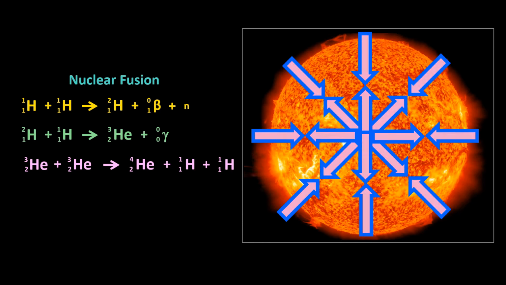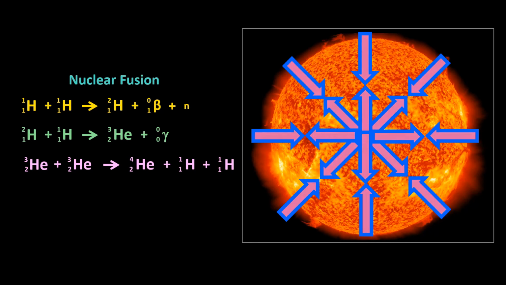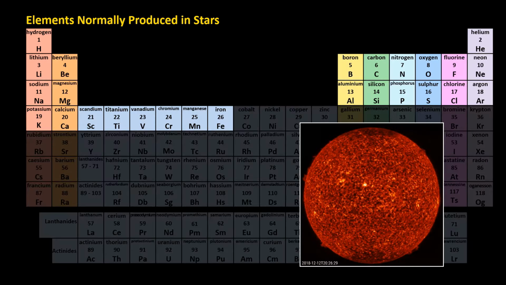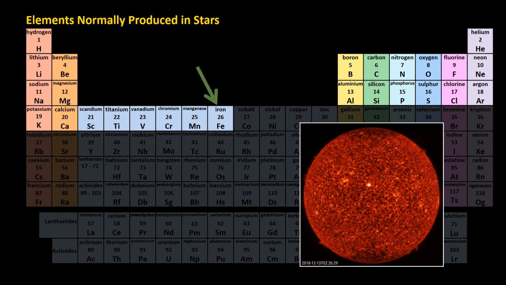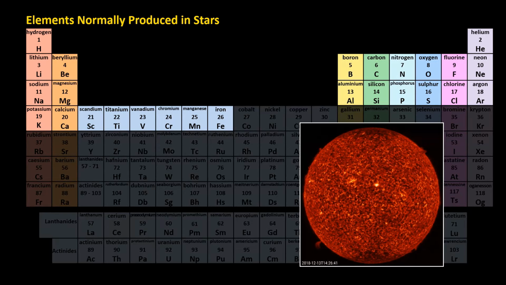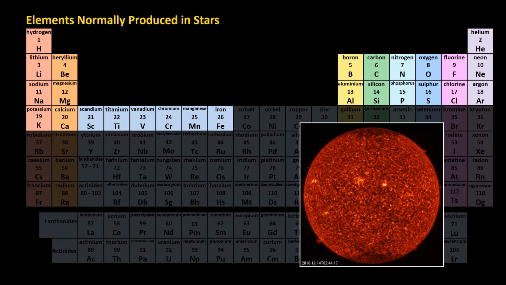The outwards pressure of all the fusion reactions counteracts the inwards pressure of gravity, and so stars typically remain the same size for billions of years. However, the largest nuclei that normally get produced in stars are iron nuclei. There's usually just not enough heat and pressure inside stars to force more protons onto an iron nucleus.